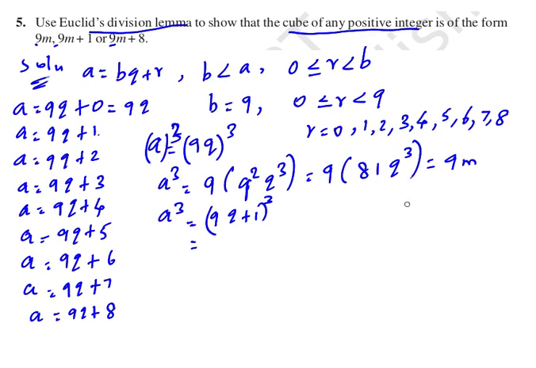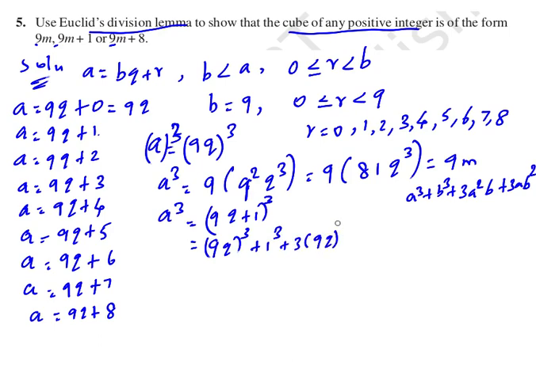So let me expand it. This is 9q the whole cube plus 1 cube plus 3 into 9q square times 1 plus 3 into 9q into 1 square.